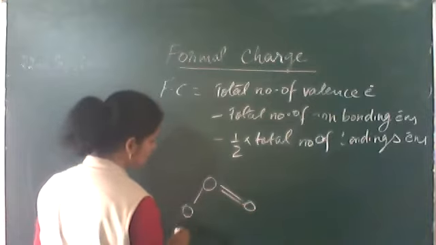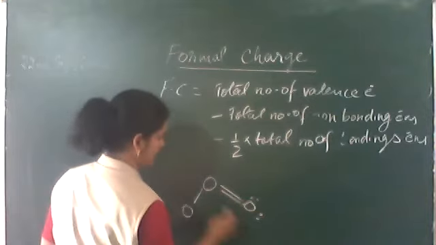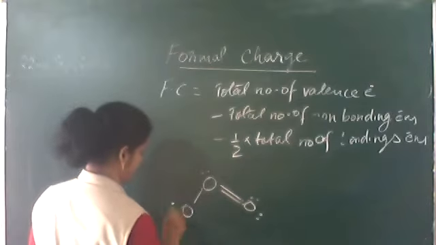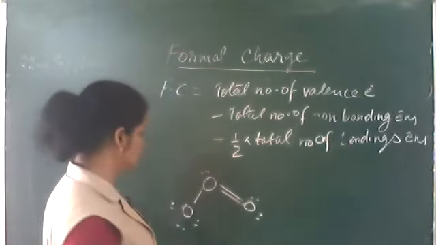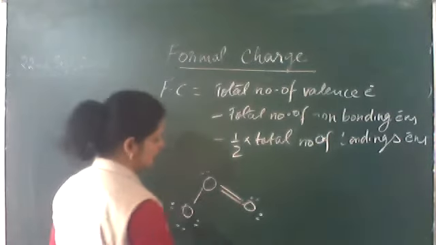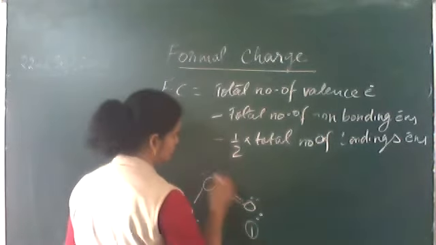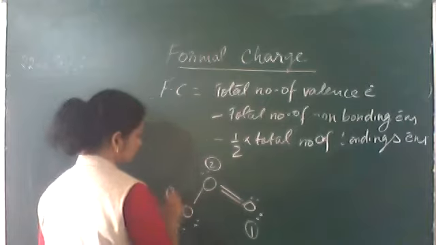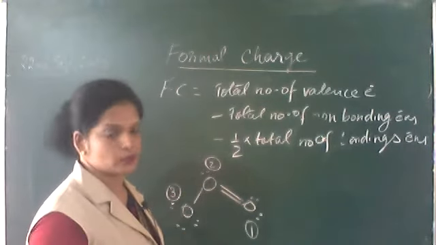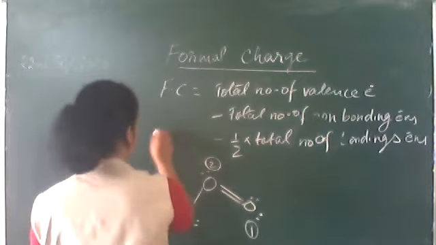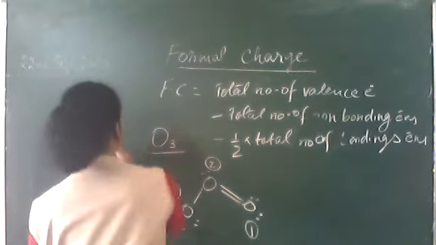This is the Lewis dot structure of ozone. Now I am writing it as 1, 2, 3. You have to calculate the formal charge on each and every atom in this ozone molecule, O3.